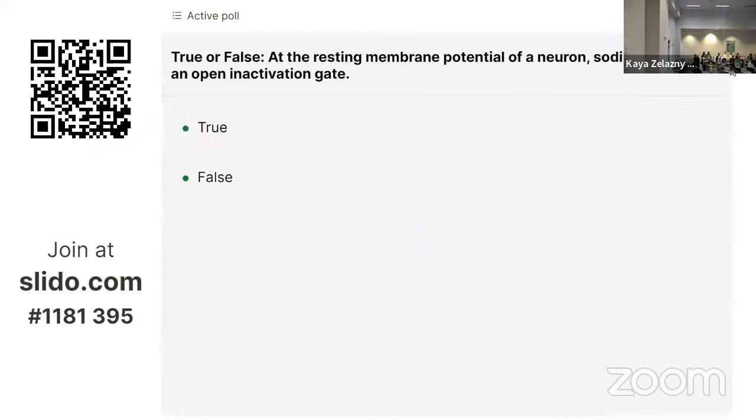Okay. So just making sure that we understood what I was saying about those gates. Go ahead and answer. So at rest, our sodium ions have an open inactivation gate. Is that true or is that false?